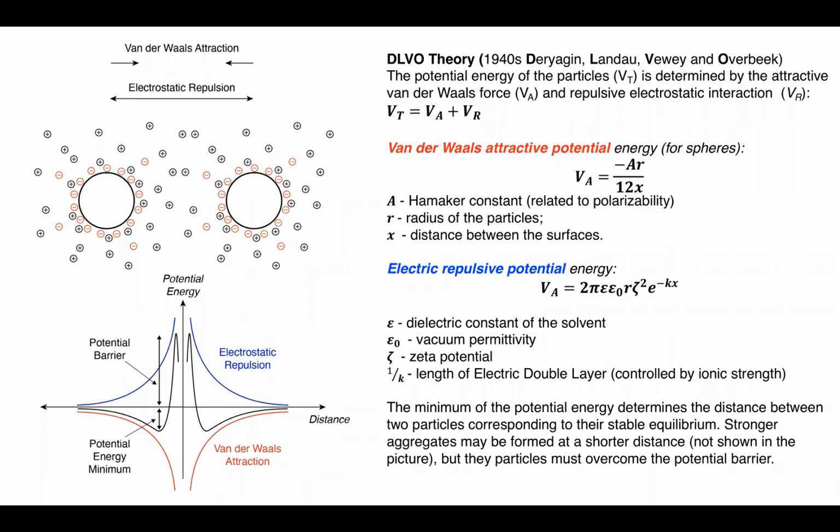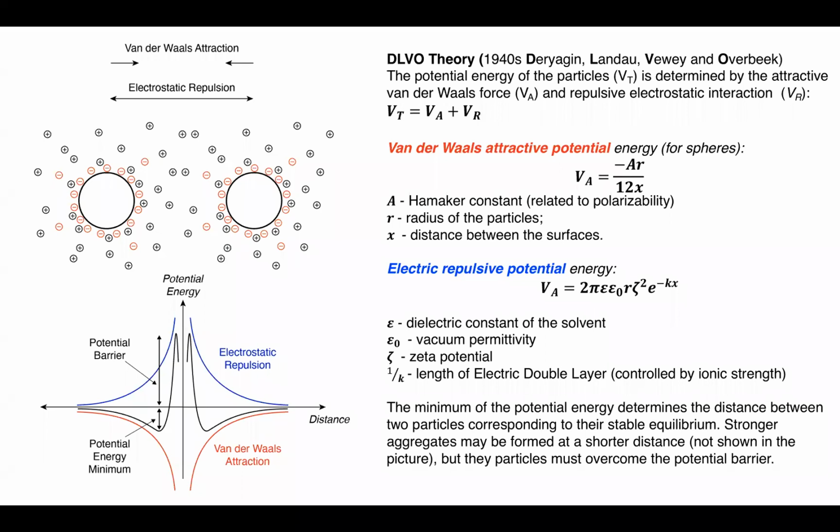We define something called the slipping plane, which is the amount of solvent and associated ions that moves together with the crystal. So the net charge on this object is defined by that. And that leads to something called the zeta potential. So it's the electric potential at that layer.